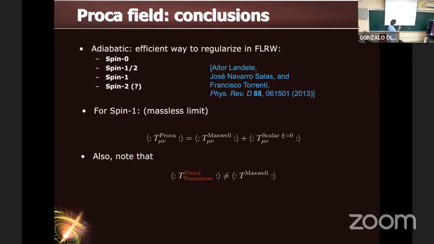That essentially means that we have the adiabatic regularization approach working for spin zero fields and spin 1/2 fields, which was also done here in the group by these people, and then continued by several others, like for example Adrian Del Rio, who is also in the group. And now we have a construction that is simple and efficient for spin 1.